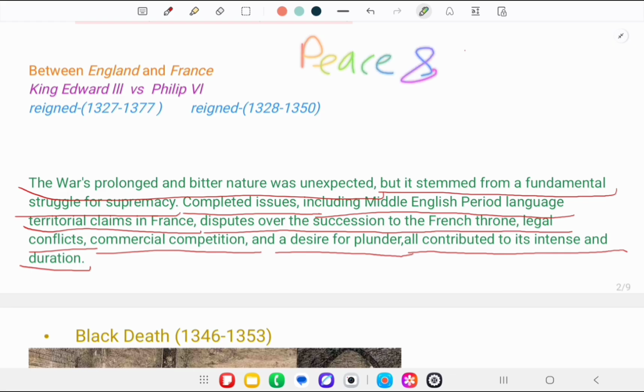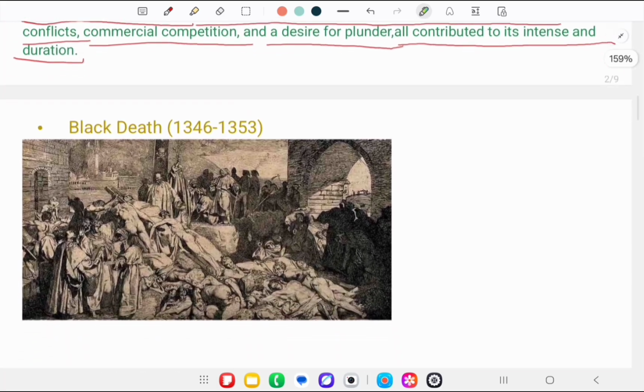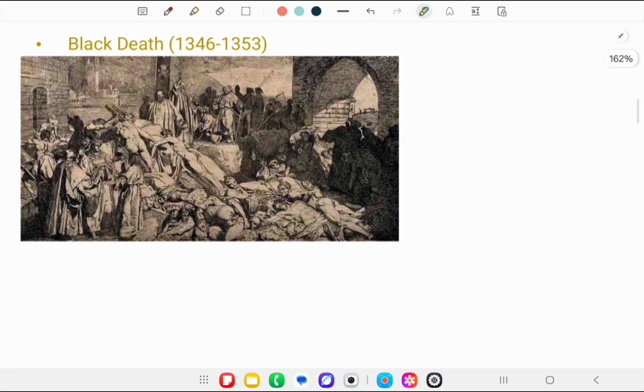However, recurrent conflicts and tensions between the two nations persisted for years to come. The next incident that happened in the Middle English period is the Black Death.